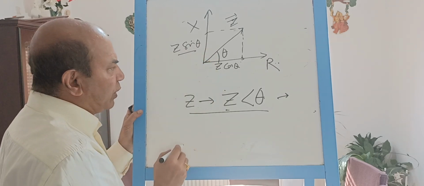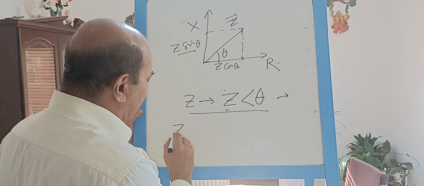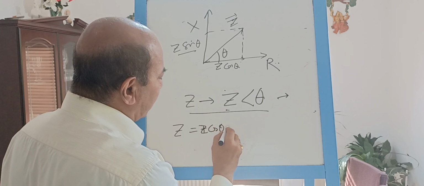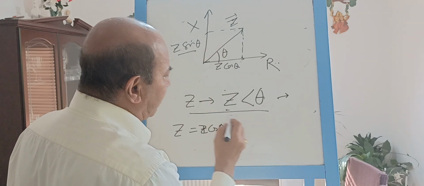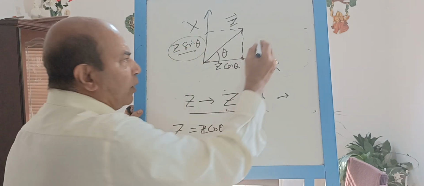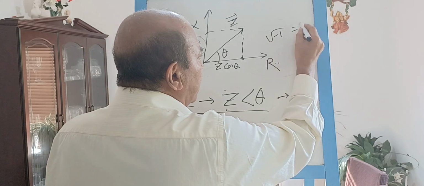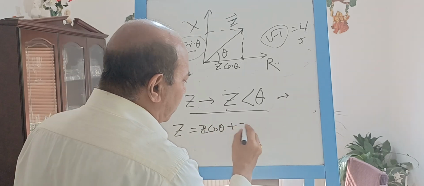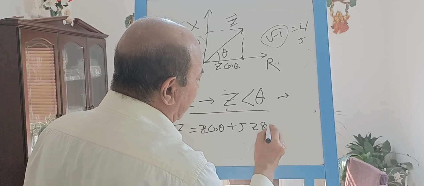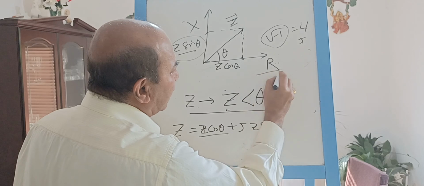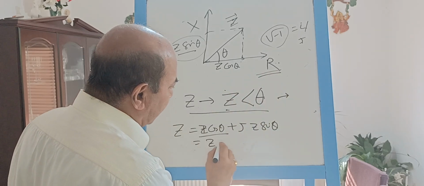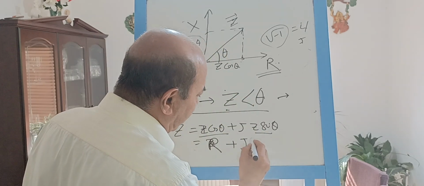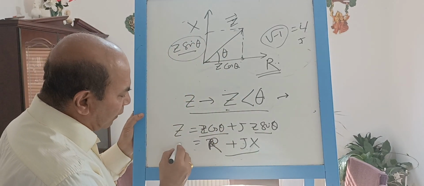So if we represent Z in the form of the polar presentation, then Z equals Z cos theta plus, in the perpendicular direction, we put an imaginary component, root of -1, equal to I or J. So because in the perpendicular direction we represent by root of -1, this will be j Z sin theta. This Z cos theta we call the resistance component, so this is equal to R, and this is plus j Z sin theta, meaning the X component, jX. This is the presentation of the impedance.